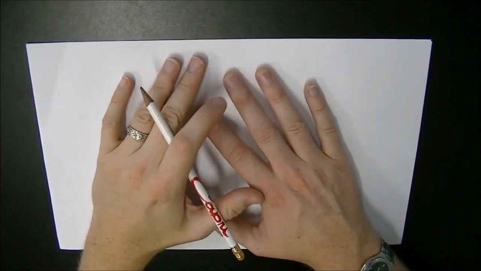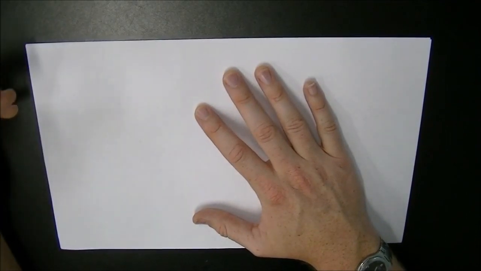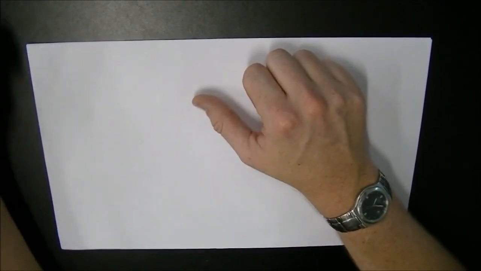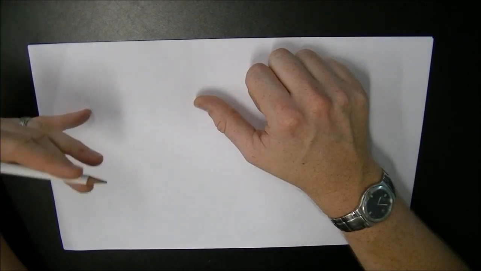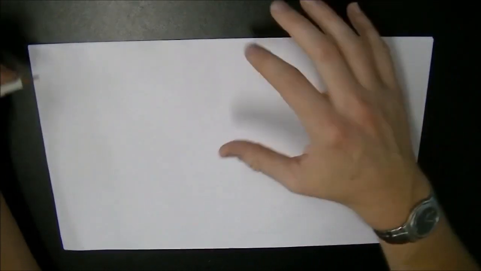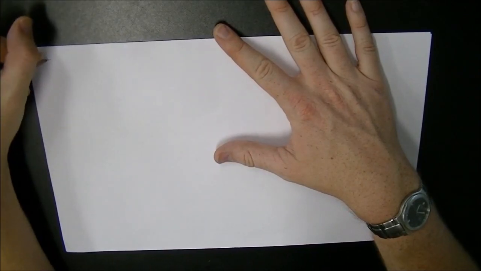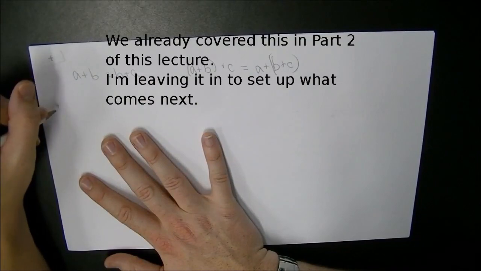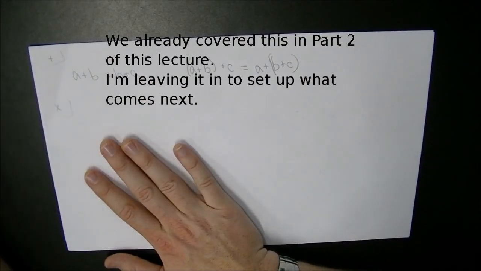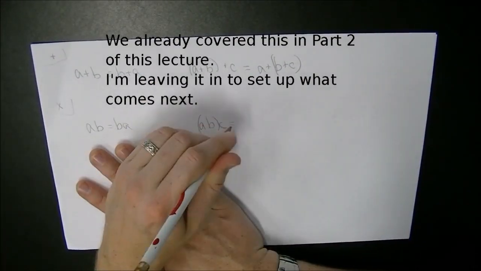Now that we've done some simplifications, let's try and write down what our rules are for how addition and multiplication work. Okay, so let's start with the rules for addition. For multiplication, we have the same rules, actually.